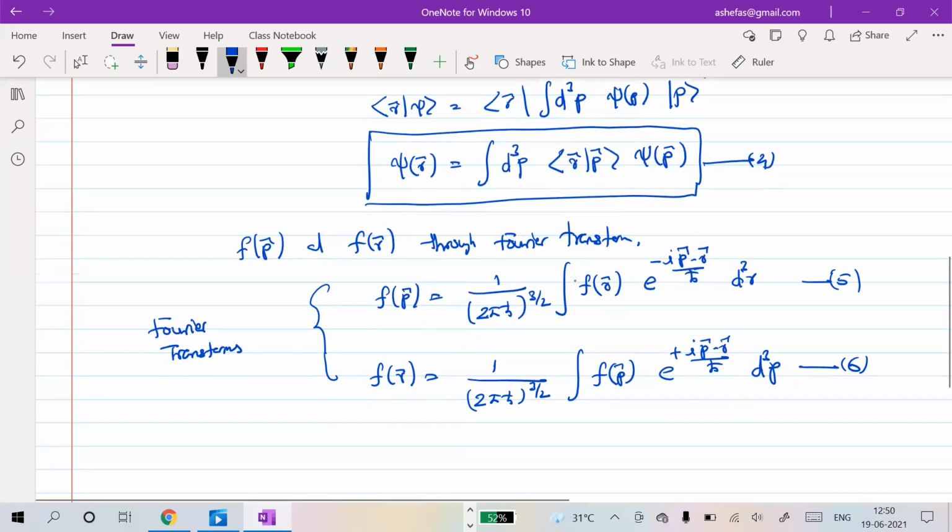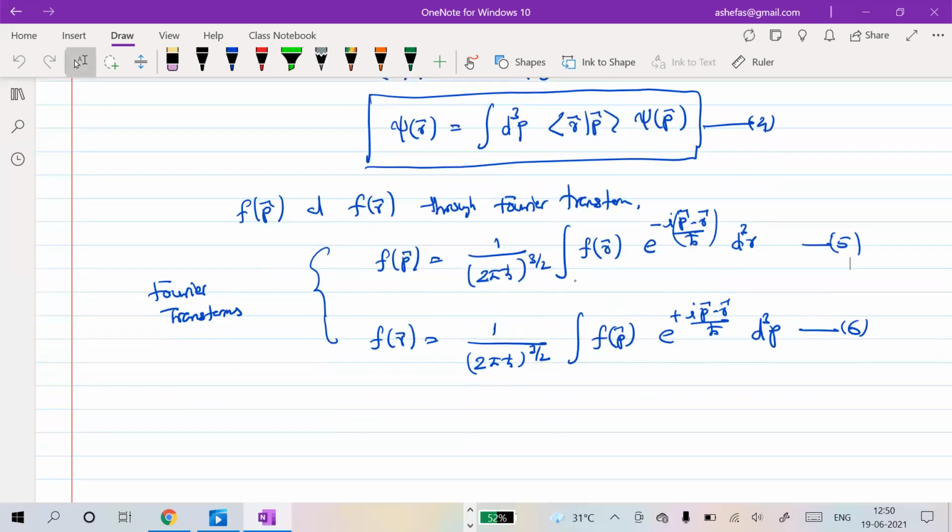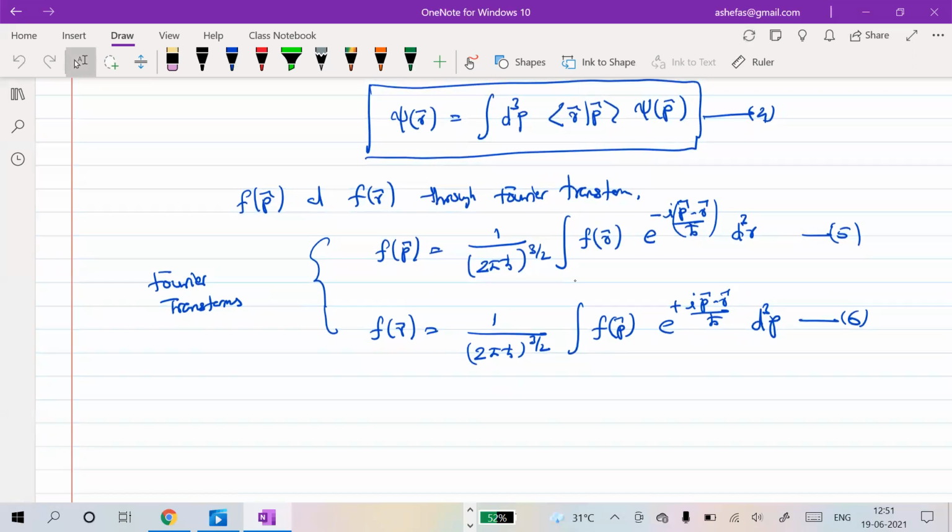So p dot r by h cross is a dimensionless quantity. Remember, h cross has the dimension of angular momentum. You can just recall Bohr's principle: the angular momentum of an electron in a stationary orbit is a multiple of h cross. So you can remember that h cross has the dimension of angular momentum.